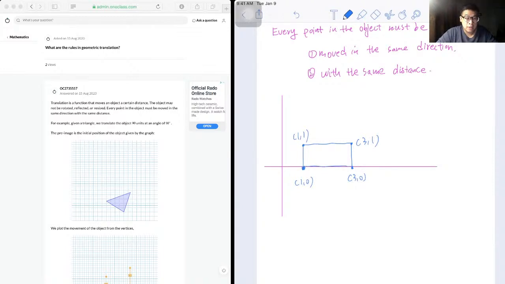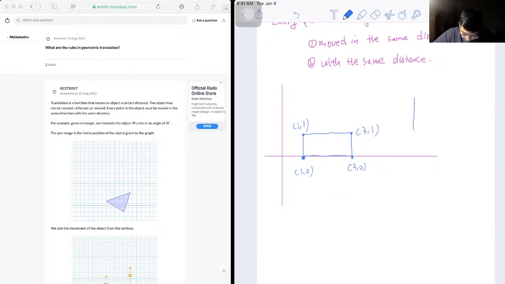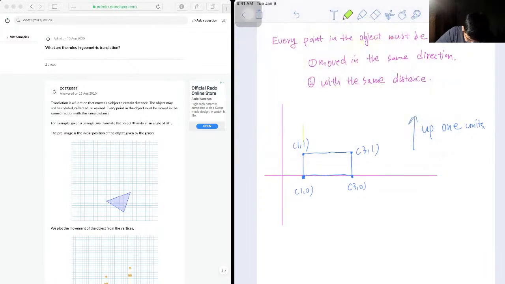Now let's say if I want to move it up 1 unit, that means we need to add this certain units to the y coordinate for each of the coordinates. So let's say I want to move up 1 unit. Then our new graph will look like this.